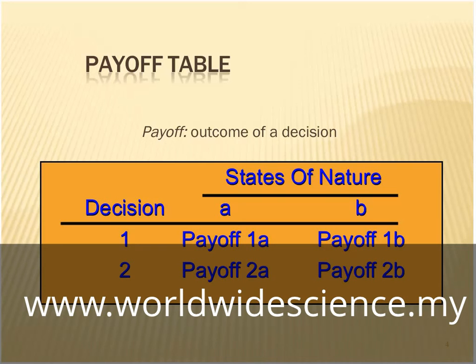Payoff means the return of the decision. It is the money, for example, US dollar, Afghani, Real, and something like this. This is the profit. This is the return. You can get the payoff for each decision, and then by use of this tool, you can select the best decision.